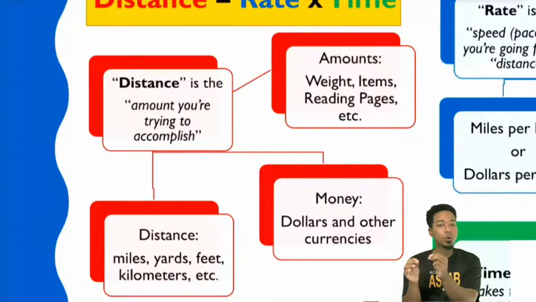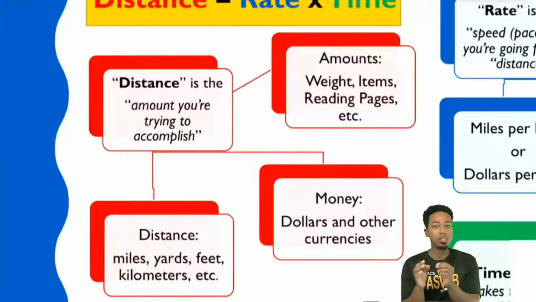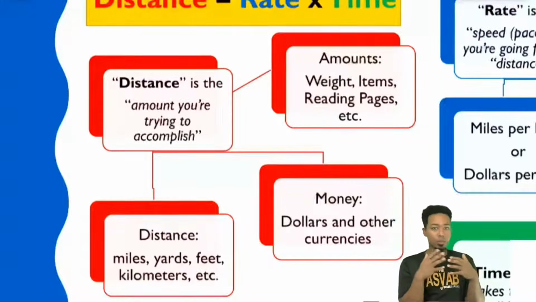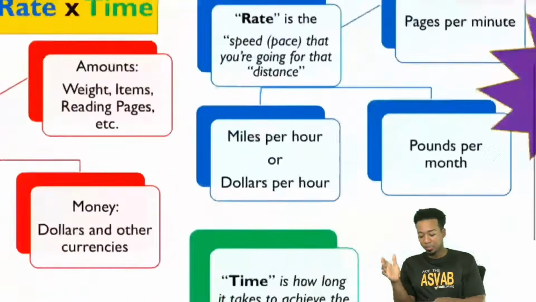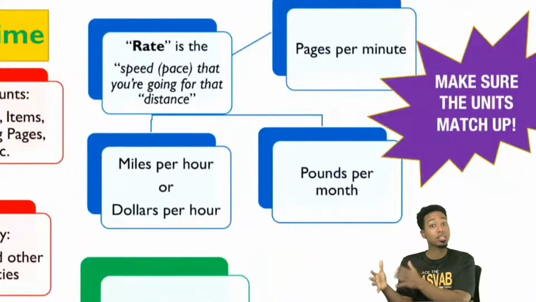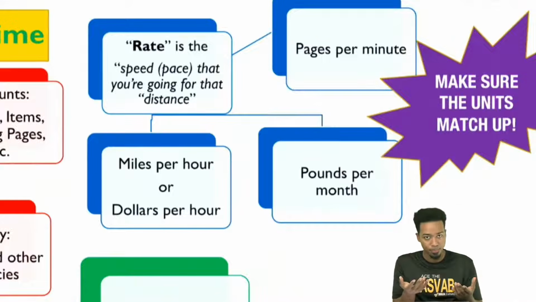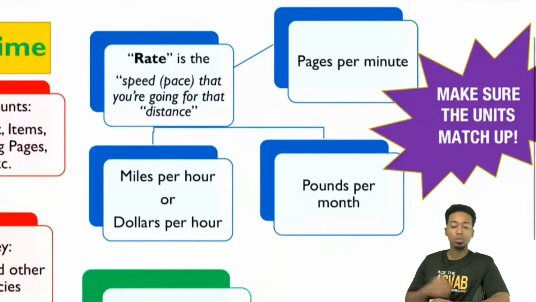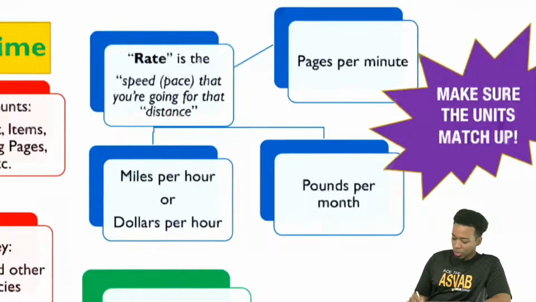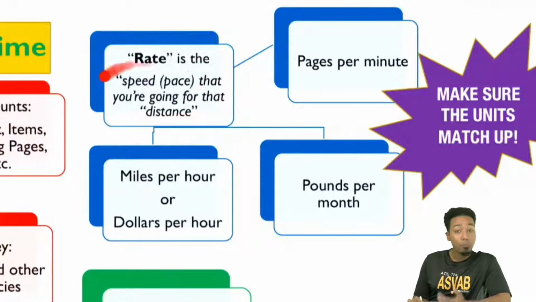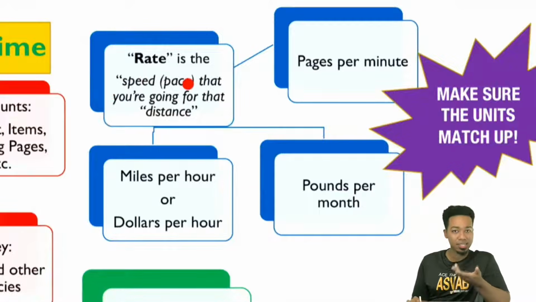Seeing a rate in the word problem guarantees that you're dealing with a rate word problem, or distance, rate, time, because this is pretty much what connects the distance and the time together. So let's take a look over here in blue. The rate is basically the speed at which you're achieving that distance.